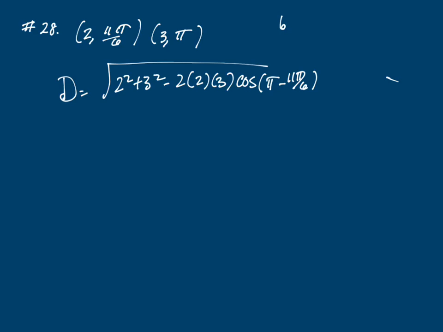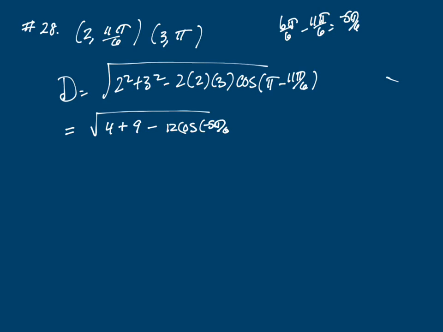So 6 pi over 6 minus 11 pi over 6 is equal to negative 5 pi over 6. So the distance would be 4 plus 9 minus 12 cosine of negative 5 pi over 6.